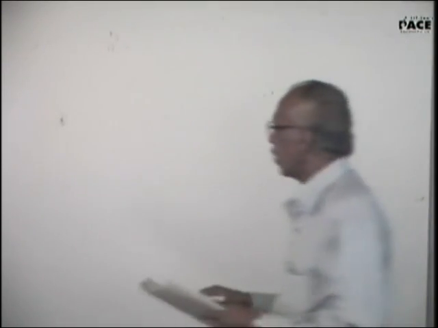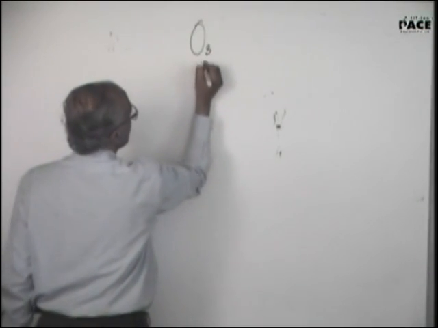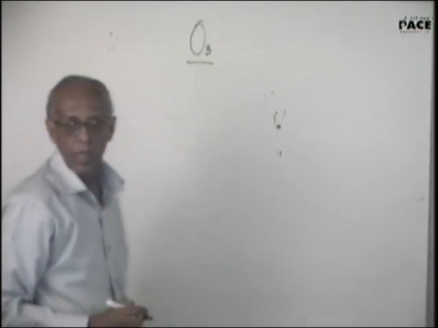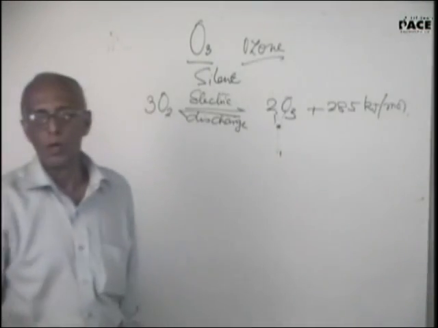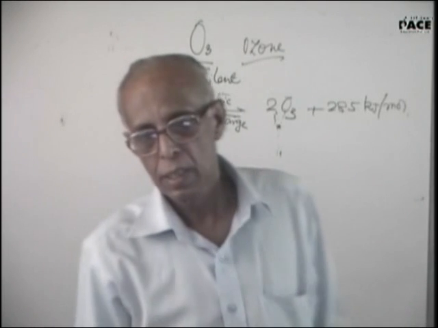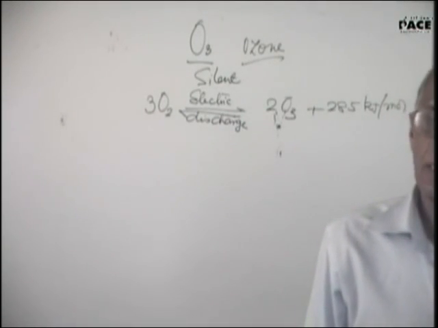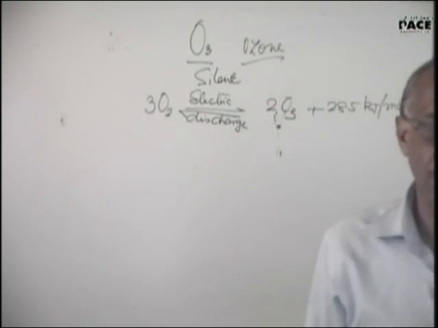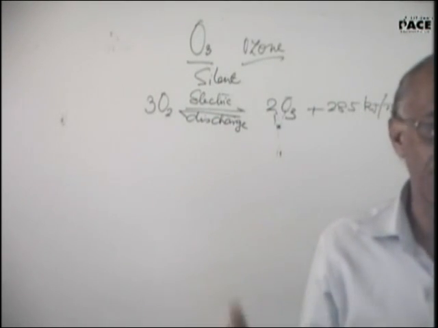Okay, now we go to an allotrope of oxygen called ozone. When you give an electric discharge to oxygen gas, it gets converted to ozone with absorption of 285 kilojoule per mole of energy.